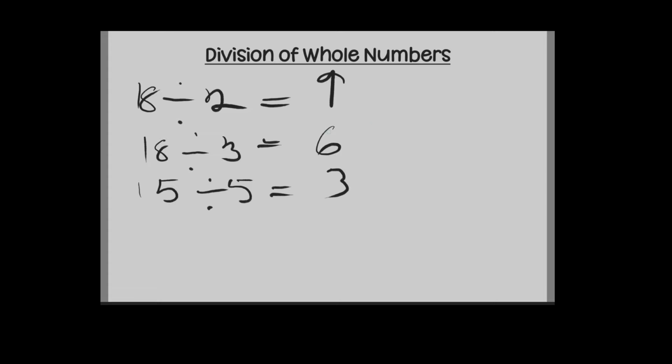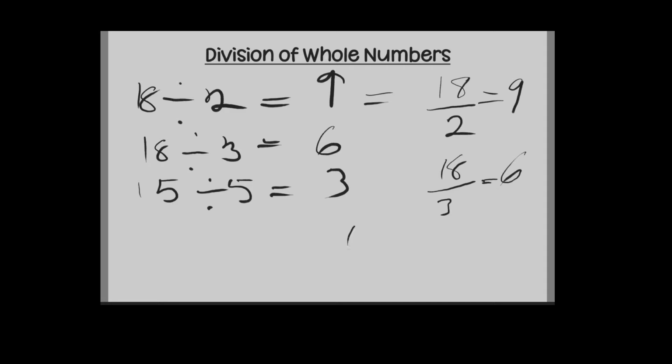But how did we get these numbers? How did we know that this number is 9 if we do 18 divided by 2? So you write it this way, 18 divided by 2, and it's 9. 18 divided by 3 is 6.